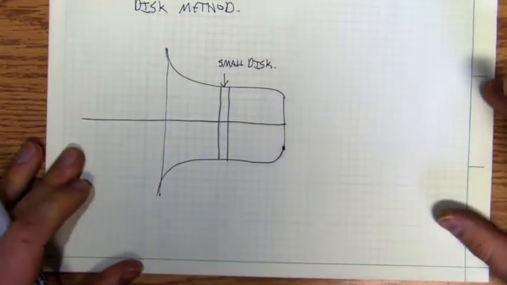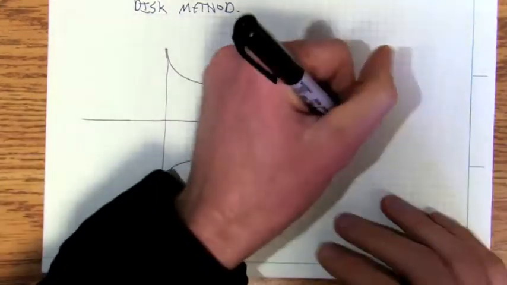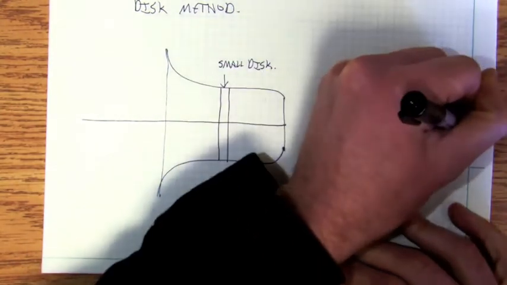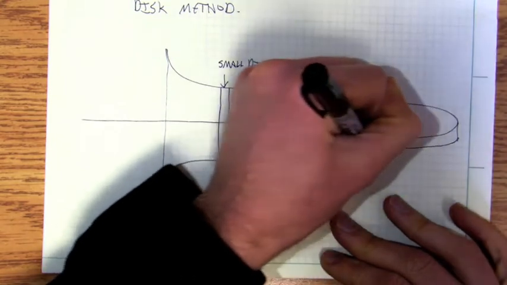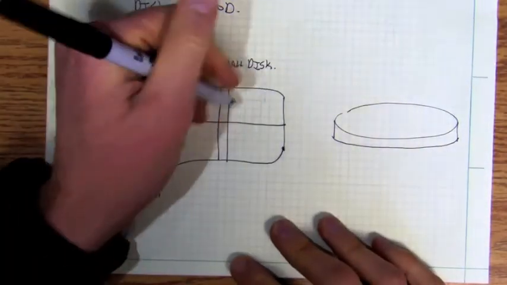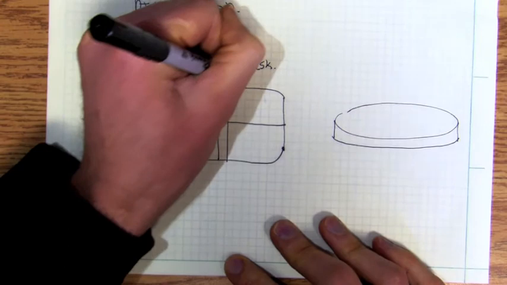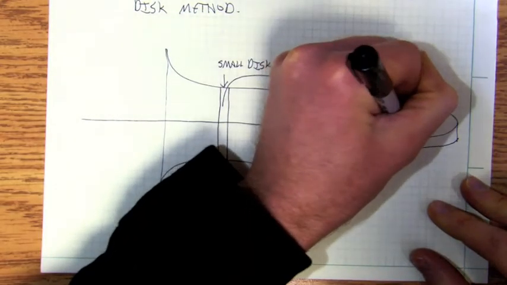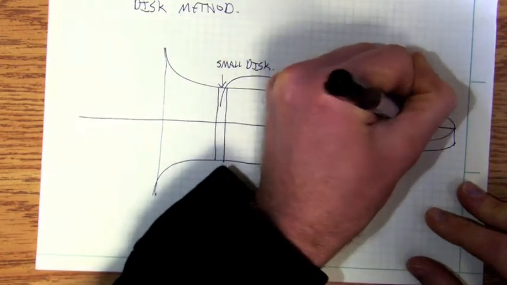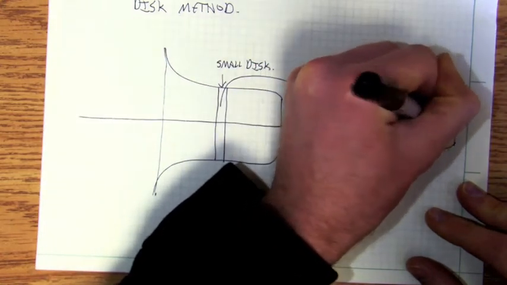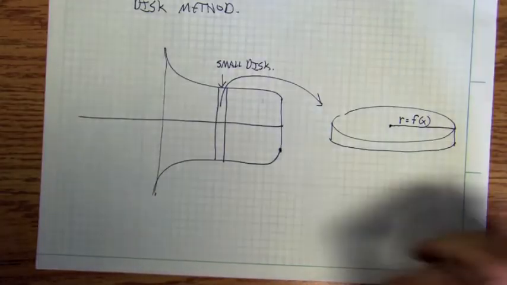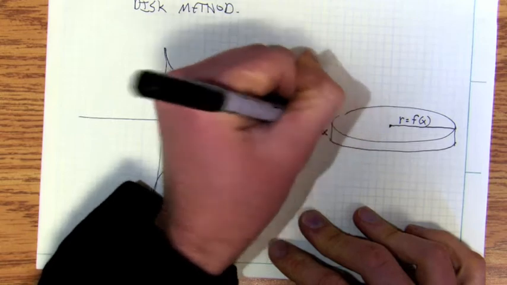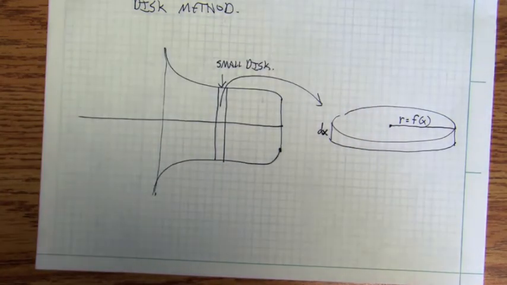Okay, so that disk is right there. This disk has a radius equal to f of x, and it's got a height that's approximately equal to dx.